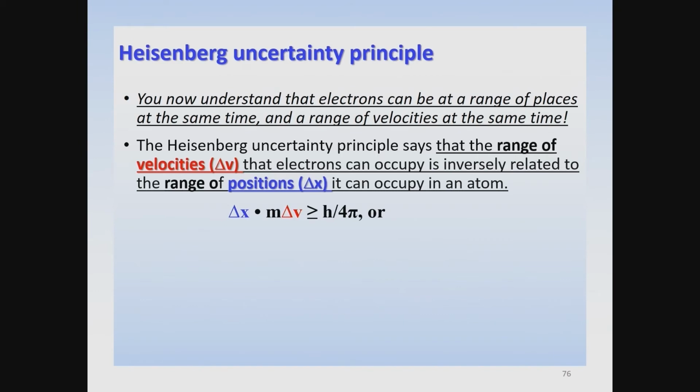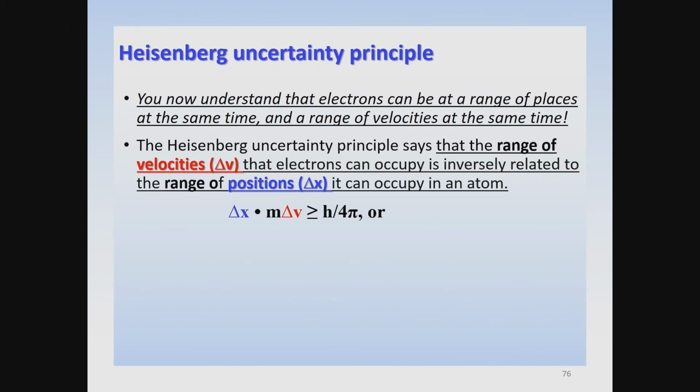So let's look at this equation a little bit more carefully. You can see that delta x times mass times delta v must be equal to or greater than a constant, which is some arbitrary number. Now, what I'm hoping you can see is that if you look on the left side of the equation, imagine that you were to, for some reason, increase the value of delta x, meaning you were to increase the ranges in which you could find electrons in atoms.